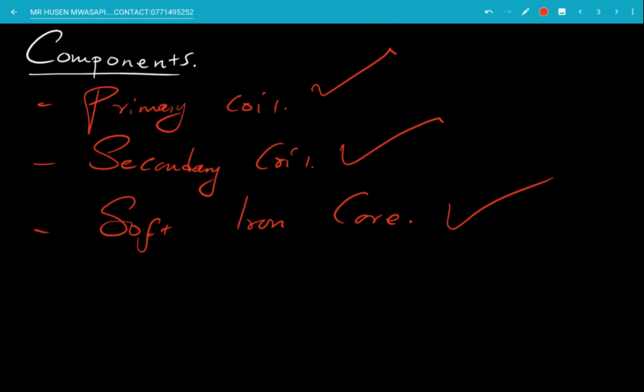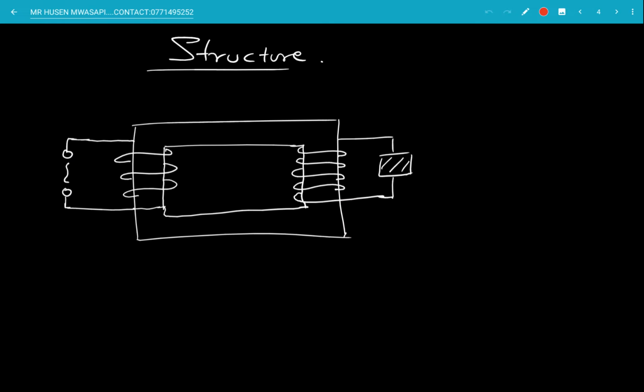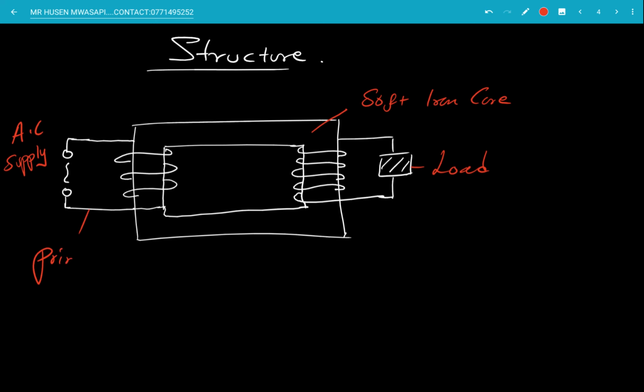Alright, thanks for understanding. If you look at the basic structure of a transformer, we can use this simple illustration. This is what we call the soft iron core, and this is the load. The load could be the bulb or whatever appliance it is. And then this is the AC supply. This is the primary coil.